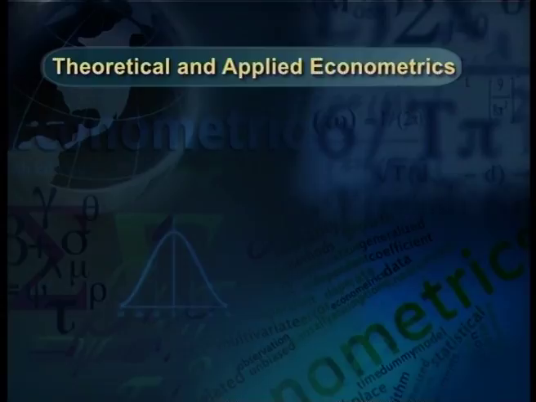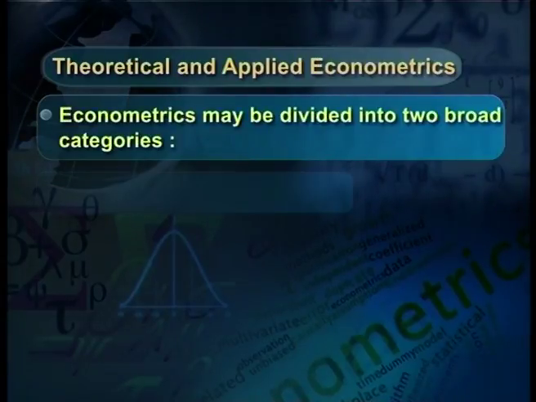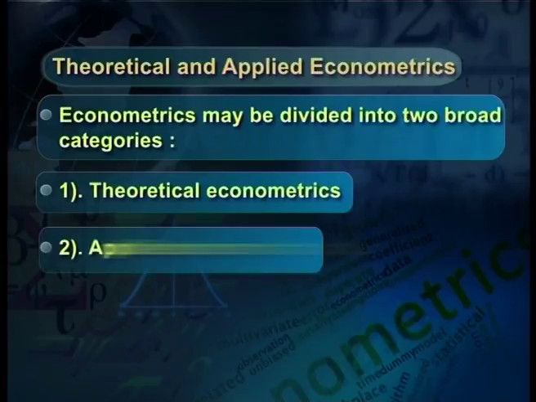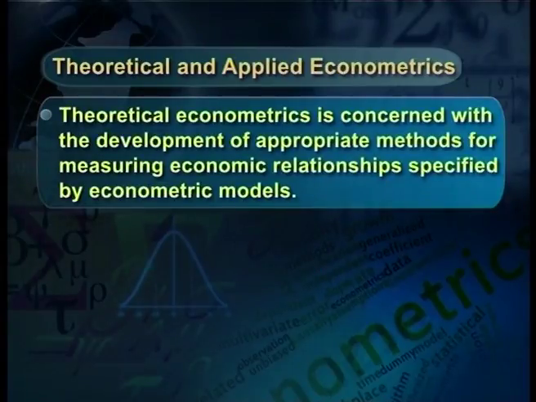Here there are two types of econometrics: theoretical and applied econometrics. Econometrics may be divided into two broad categories: theoretical econometrics and applied econometrics. Theoretical econometrics is concerned with the development of appropriate methods for measuring economic relationships specified by econometric models.